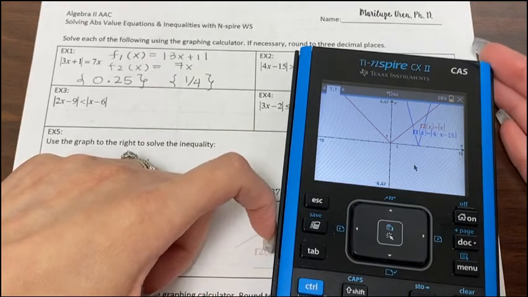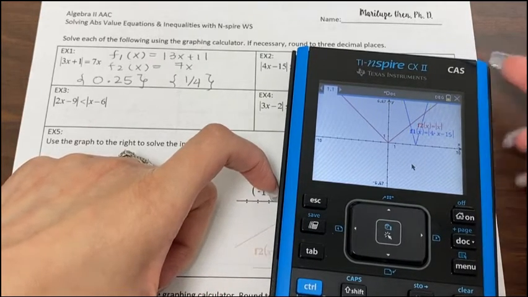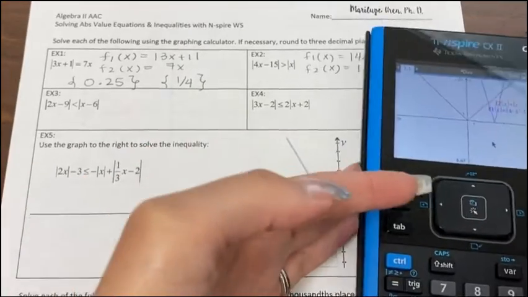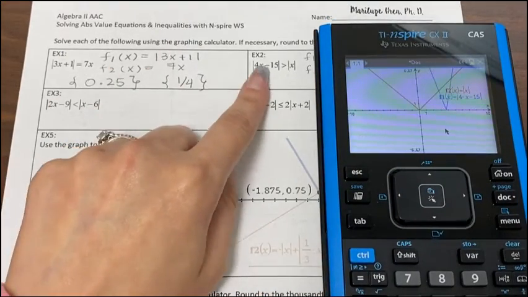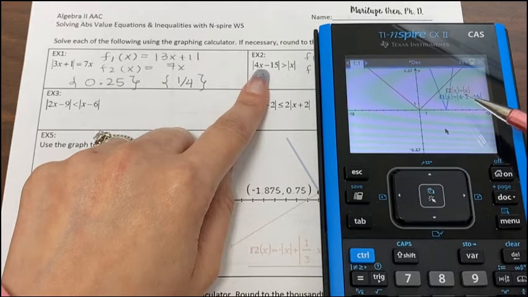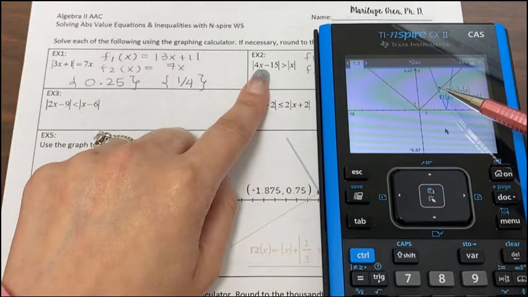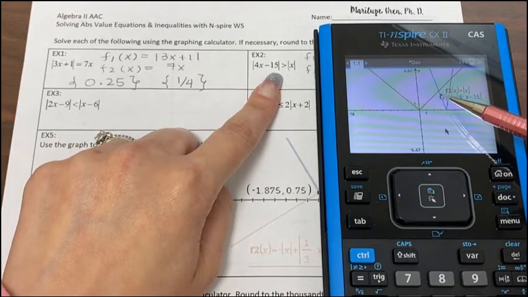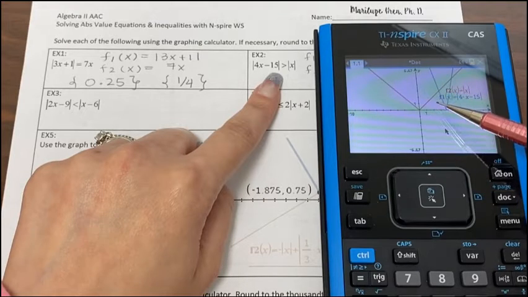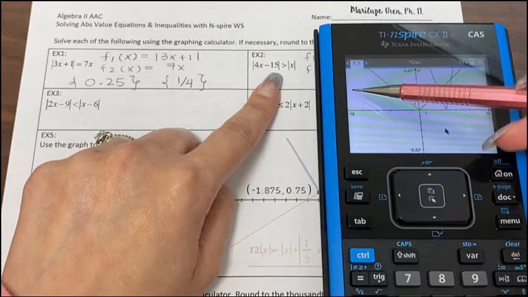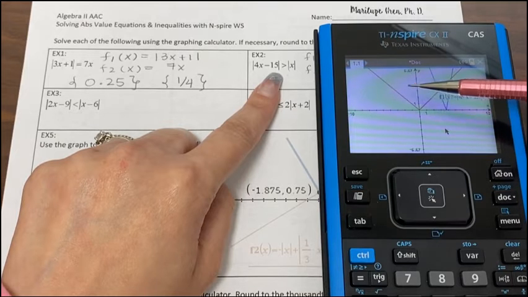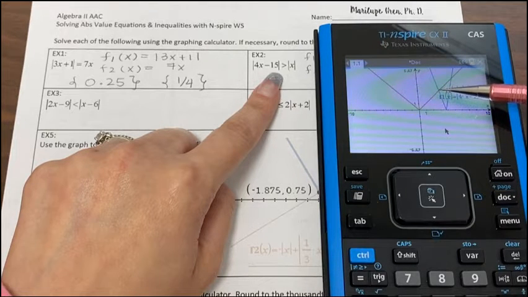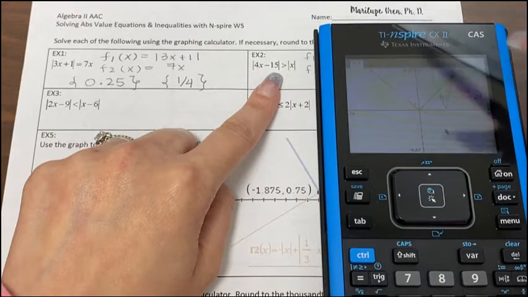Now, what's the deal? Let me move it so you can see the equation here. You want the blue graph to be above the red one. Looking at the x's, from negative infinity to this point, blue is above red.